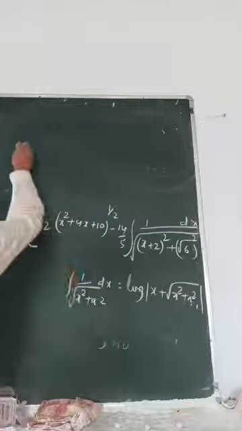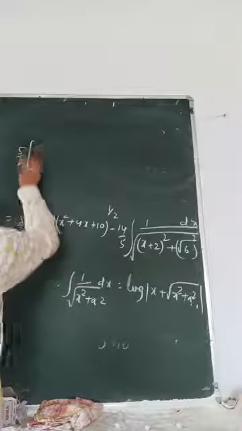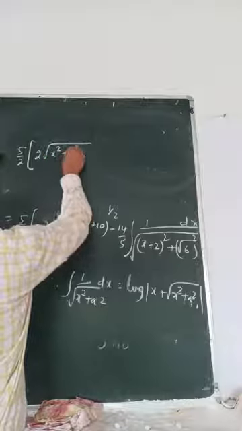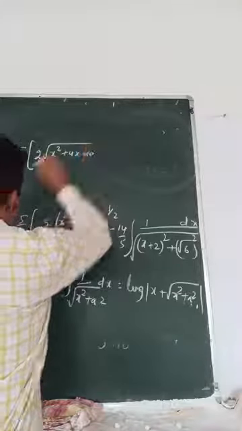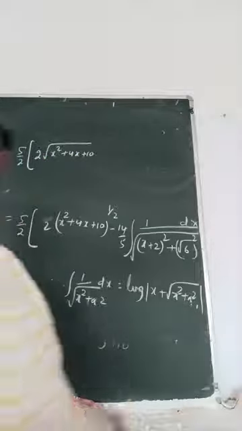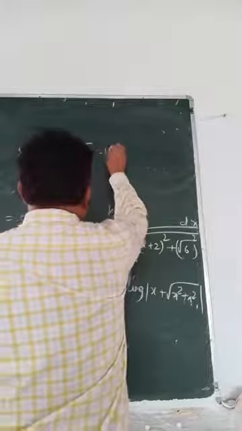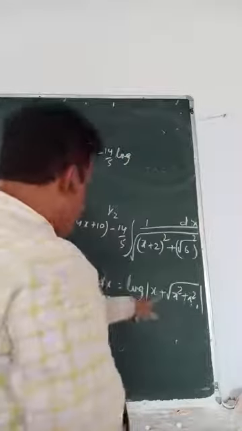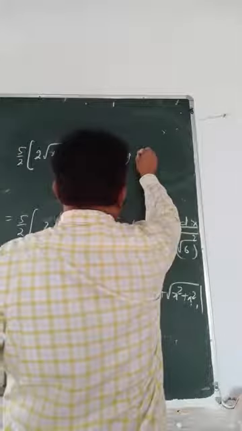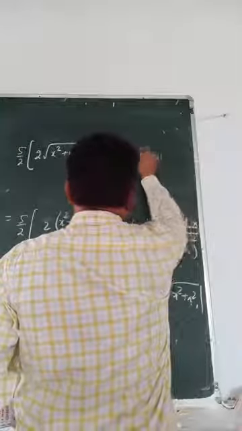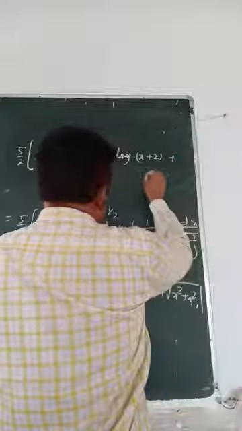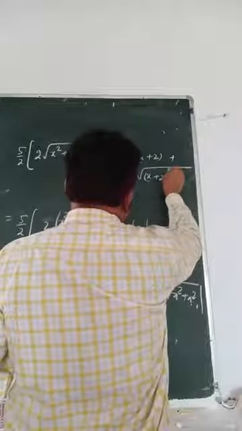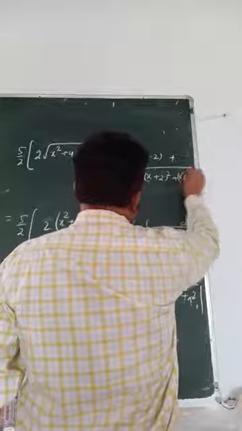5 by 2 times 2 root over of x square plus 4x plus 10, then 14 by 5 log of x, where x means x plus 2, plus root over of x plus 2 whole square plus root 6 square.